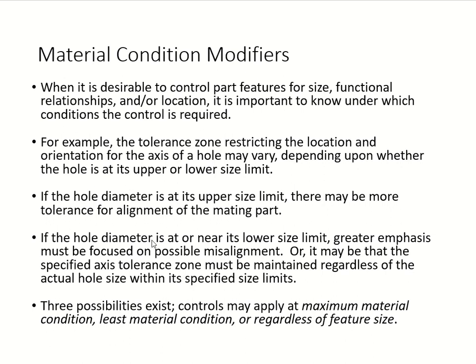So if you think about a hole, it is a circle, so therefore there is radius and there is diameter. And if you have a diameter, again, we go back to our tolerance, and you have an upper size limit and a lower size limit. So if the hole diameter is at its upper size limit, then there may be more tolerance for the alignment for the mating part.